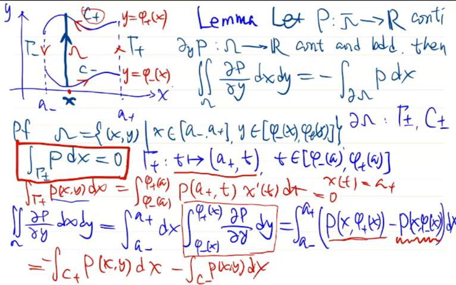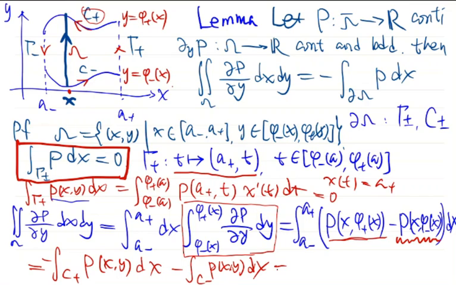But the integral over the vertical part is 0, as we explained before. For the curve parts, that is C plus and C minus, the sum of these 2 parts is just the integral over the boundary of omega.